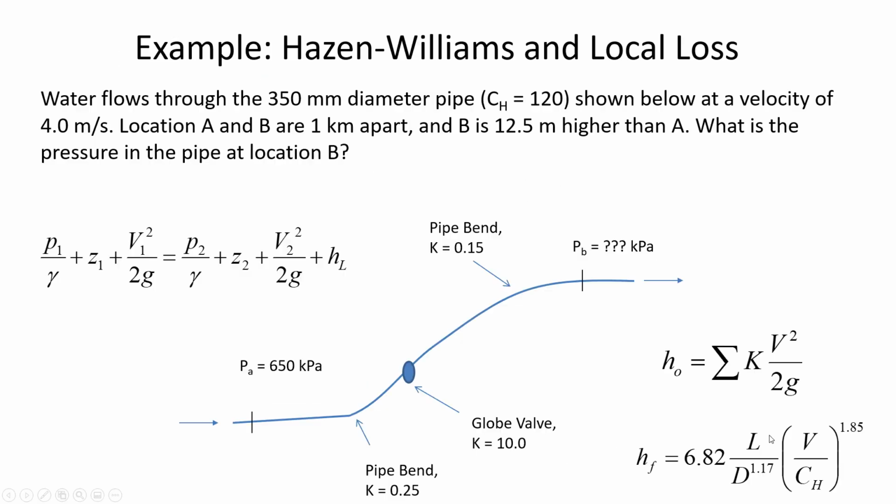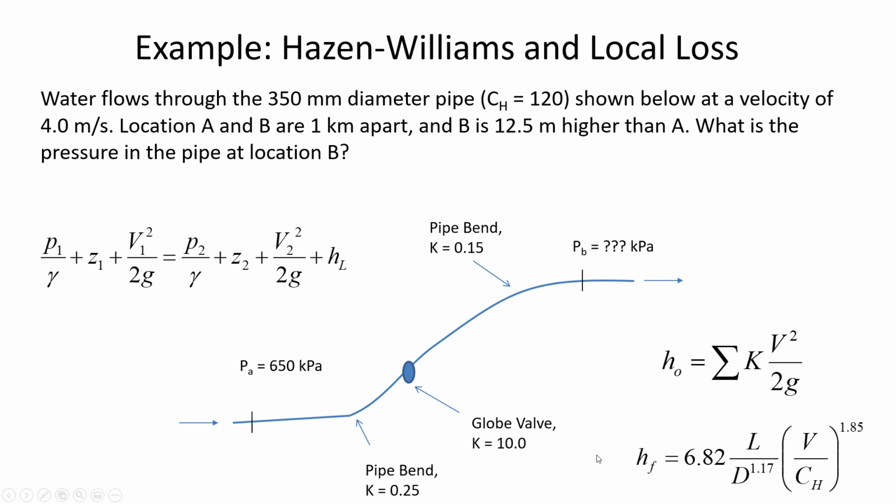Okay, so let's just get some practice with this and use the Hazen-Williams equation as well. Water is flowing through a pipe network, and here at location A we know that the pressure of the water is 650 kilopascals. Then water is flowing through the pipe, and of course it's losing energy due to pipe friction.